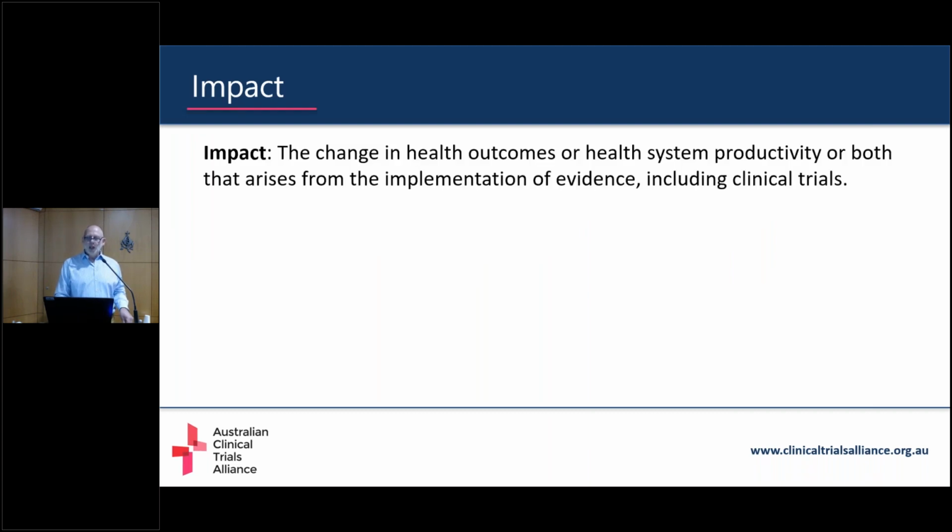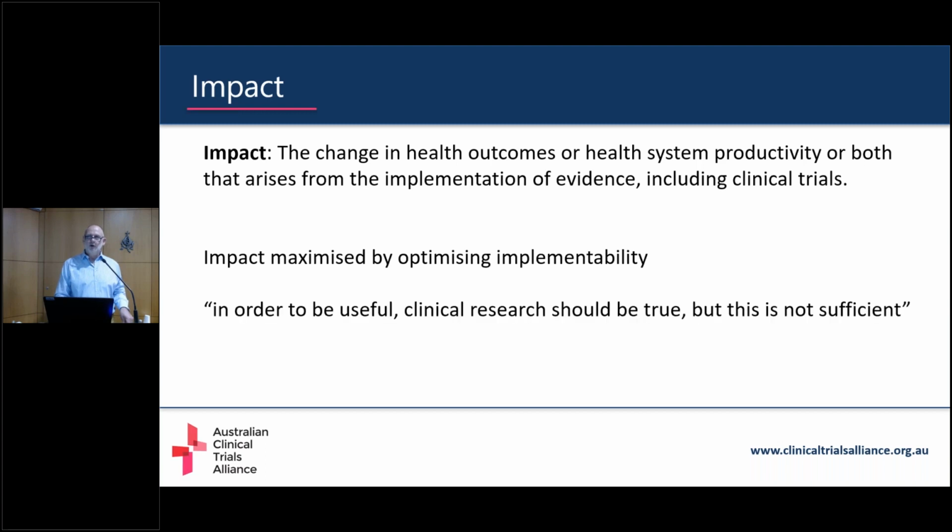So ACTA define impact as the change in health outcomes or health system productivity, or both, that arises from the implementation of evidence, including clinical trials. And obviously, implementability is critically important to actual impact.